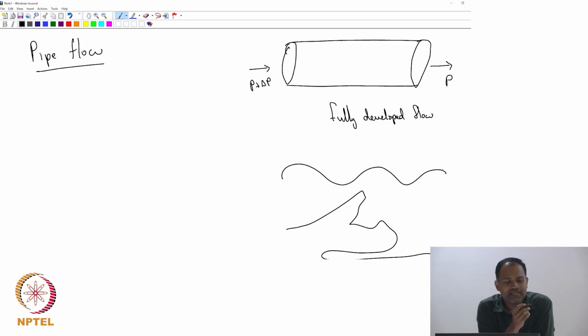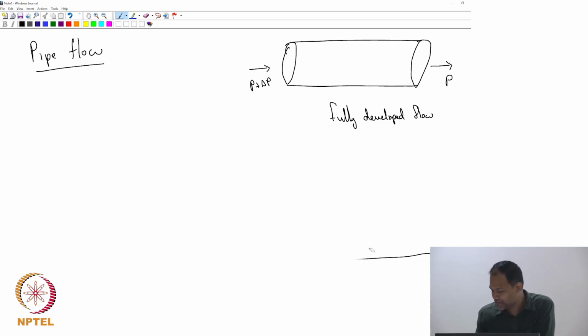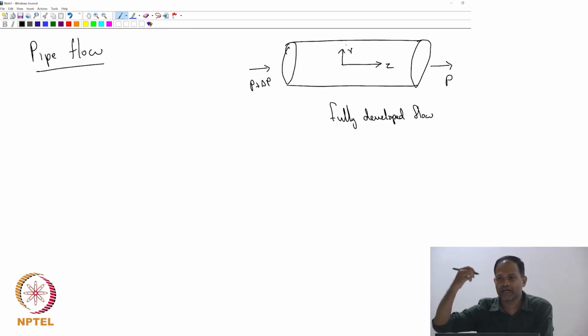So what decides how we should choose the coordinate system? We will see that, I will answer the question as we go along. So, let us choose the cylindrical coordinate system. We will say that that's our z axis, that's our r, and then theta is going to be perpendicular to the plane and around the z axis.